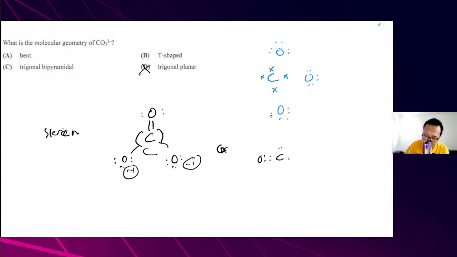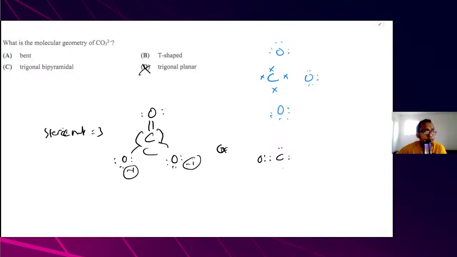The thing that we want to know is that if the steric number is three and there is no lone pair, it will be just trigonal planar. So the electron geometry is trigonal planar, molecular geometry also trigonal planar.